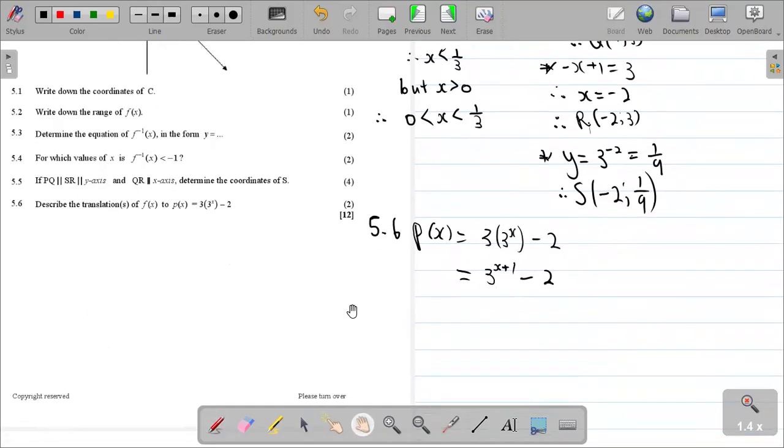So they say, describe the translation of f of x to p of x. So p of x is this. So what is the translation here?